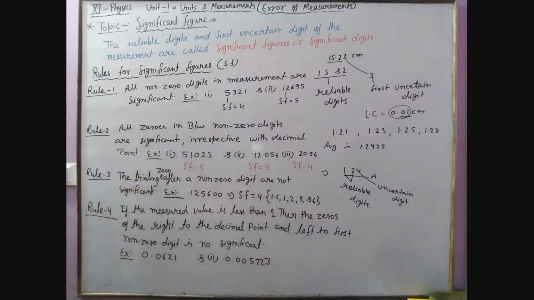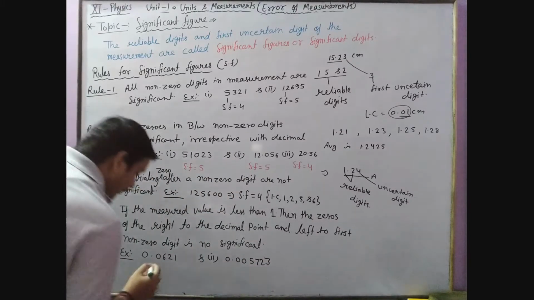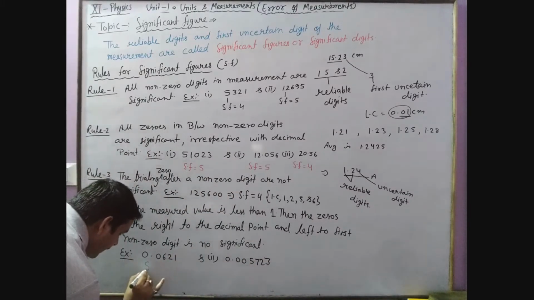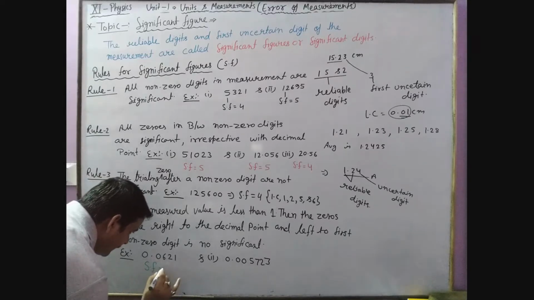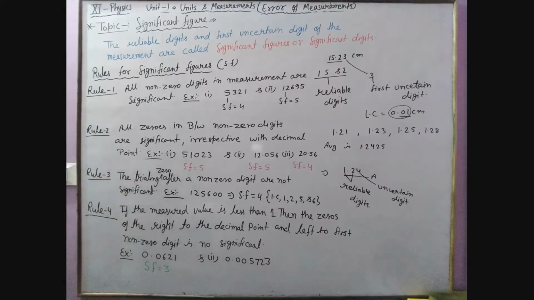So here the significant figures are 3 only, because the 0 right to the decimal point and the 0 left to the first non-zero digit are not significant figures.